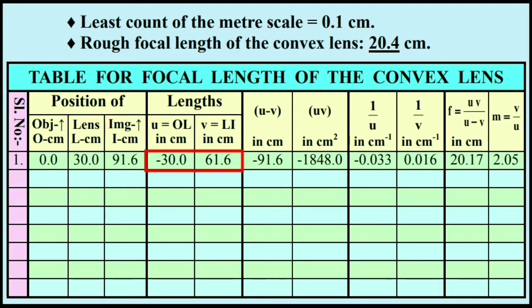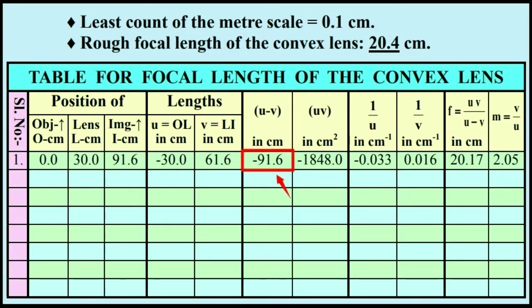The object distance u is 30 minus 0, which is 30 centimeter, but by sign convention the value of u comes minus 30 centimeter. The distance between the lens and the image locating pin is v, the image distance, and here it is 61.6 centimeter.